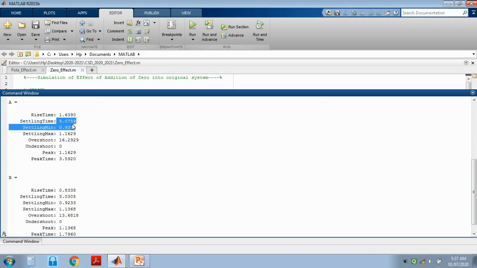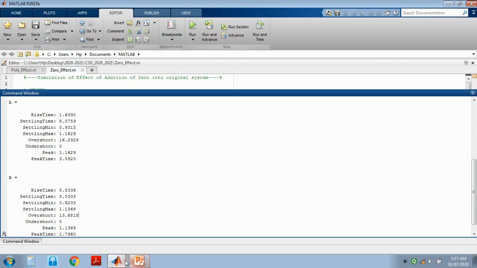For the first system the settling time is about 8 seconds. Here it is about 3 seconds. So there is a huge improvement in terms of settling time. And in terms of overshoot also, for the first system the overshoot is about 16.2929, and for the second system it is 13.6818. So there is an improvement in the transient response of the system as we add the open loop zero.